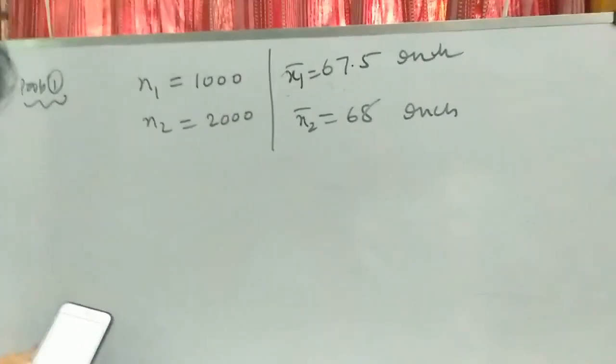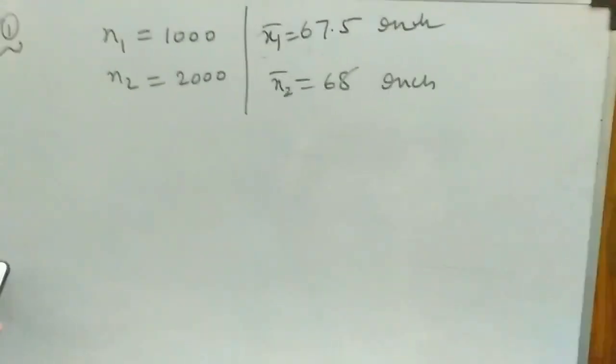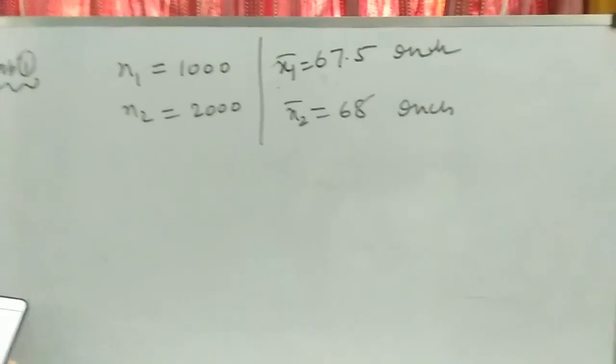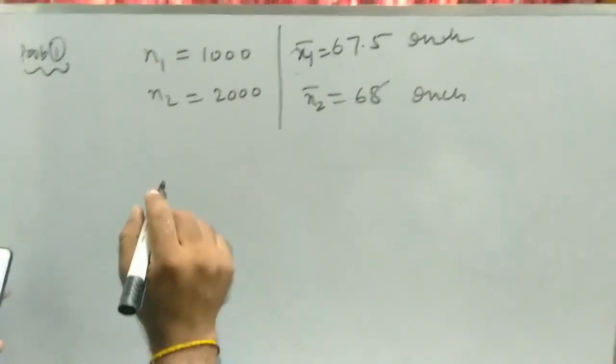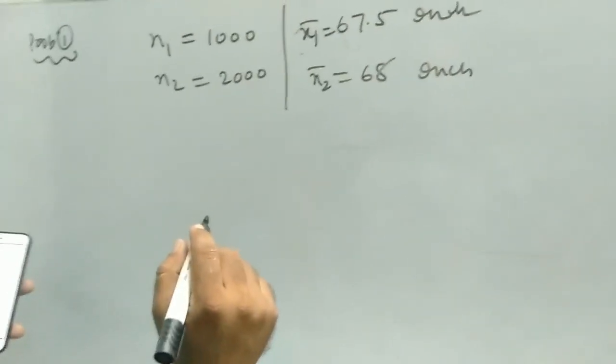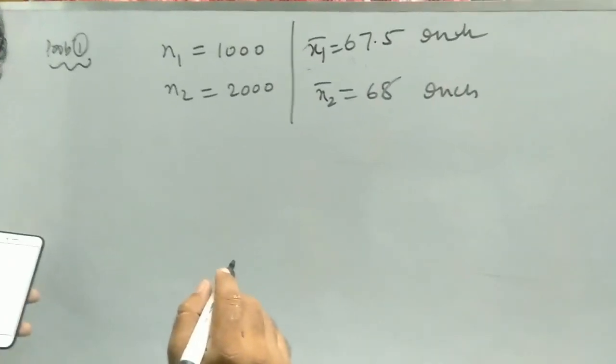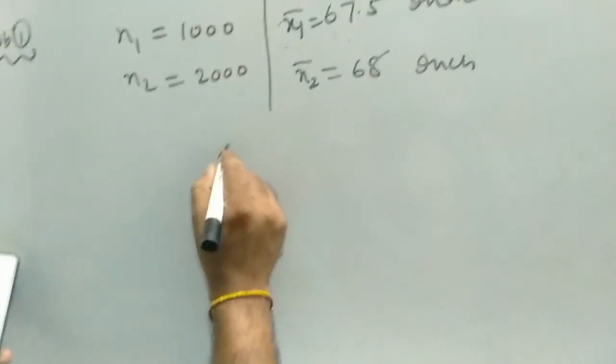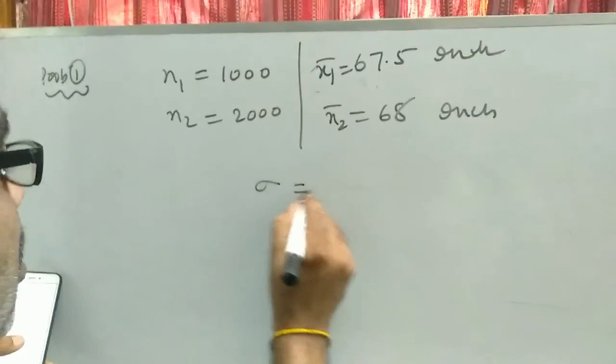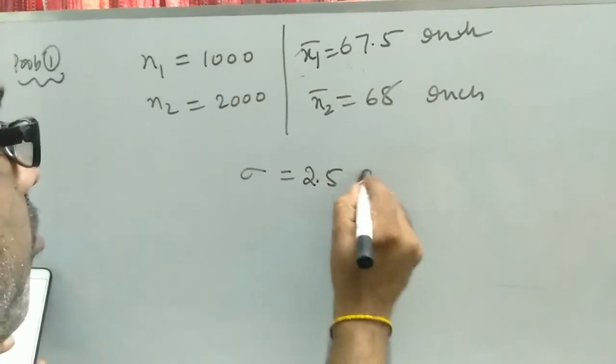Can the samples be regarded as drawn from the same population? So we have to test whether the two samples are drawn from the same population with the population standard deviation also given as 2.5 inches.